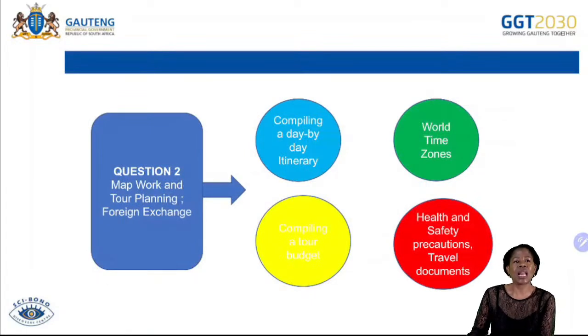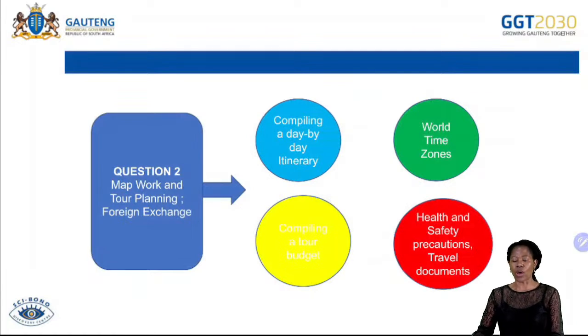Question B, still under Section A, we have Question 2, which will be our map work and tour planning together with foreign exchange. You will be asked to compile a day-by-day itinerary. You will be asked to calculate the world time zones. You will be asked to compile a tour budget.